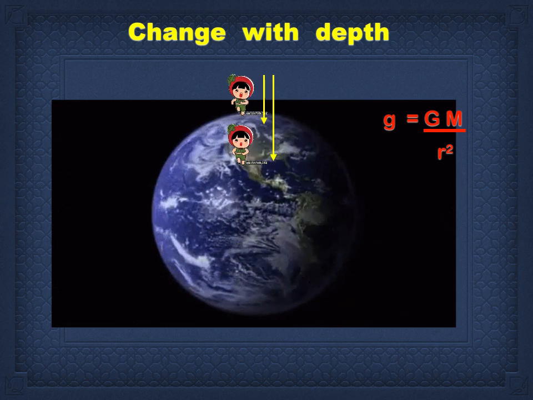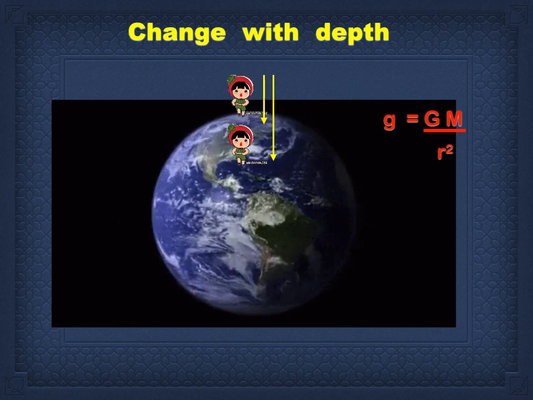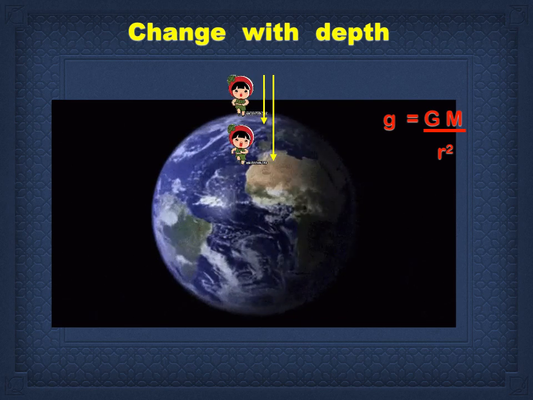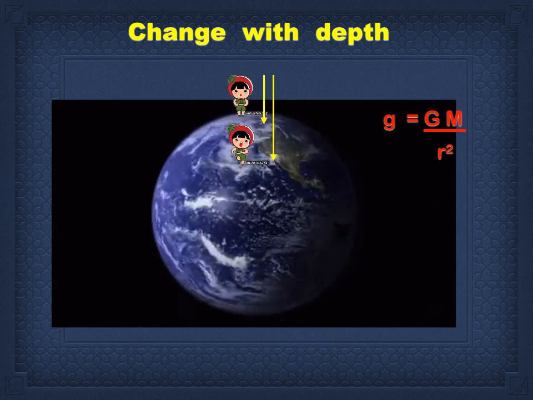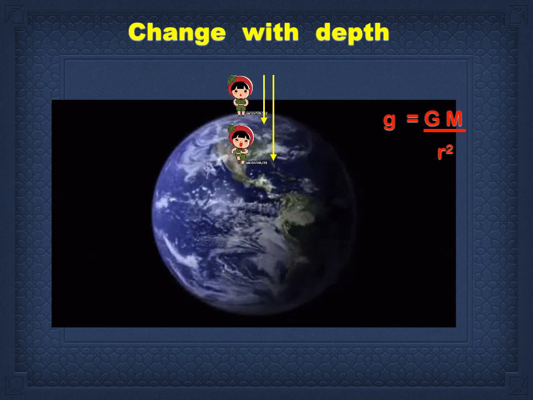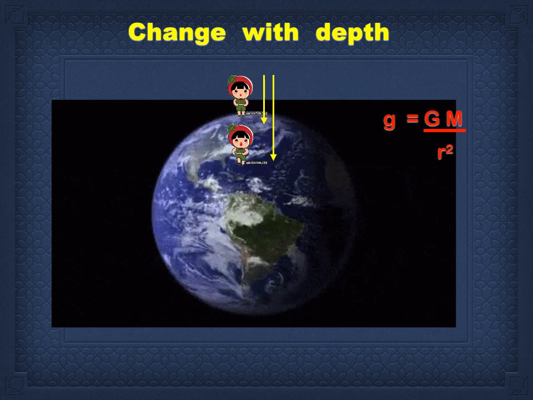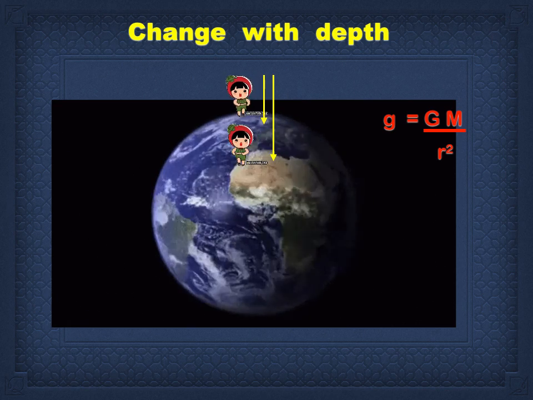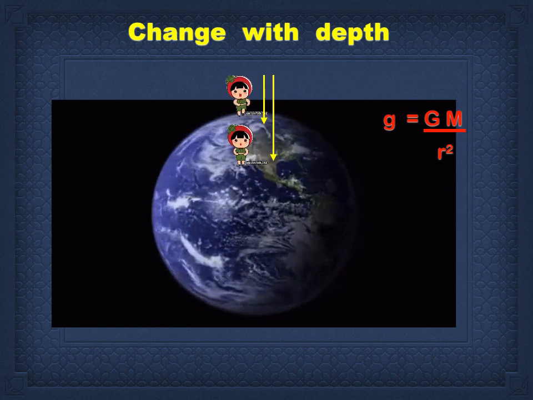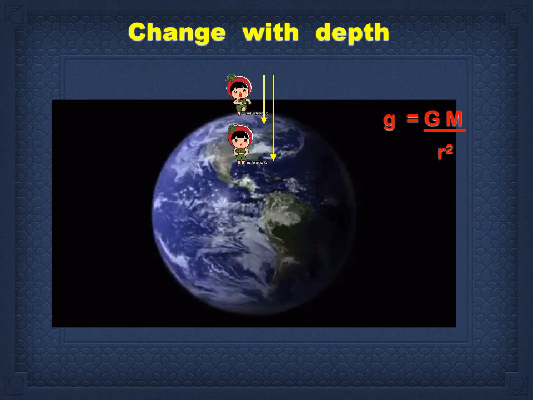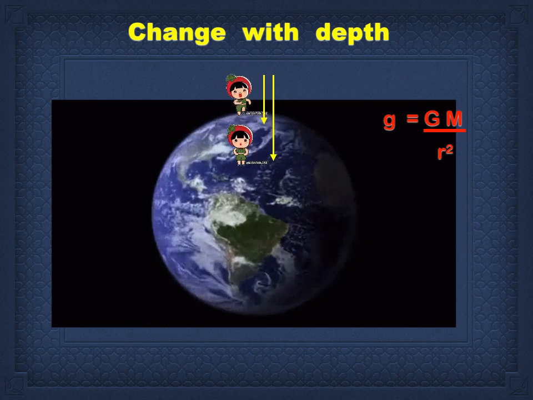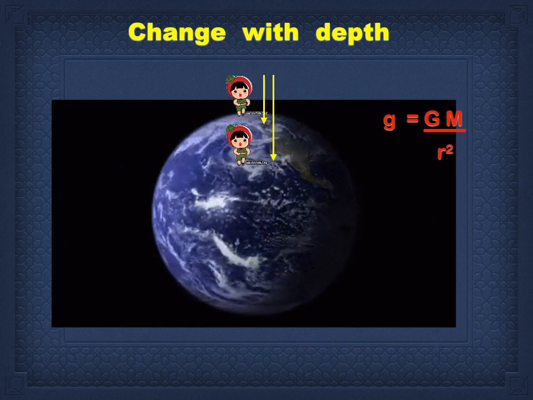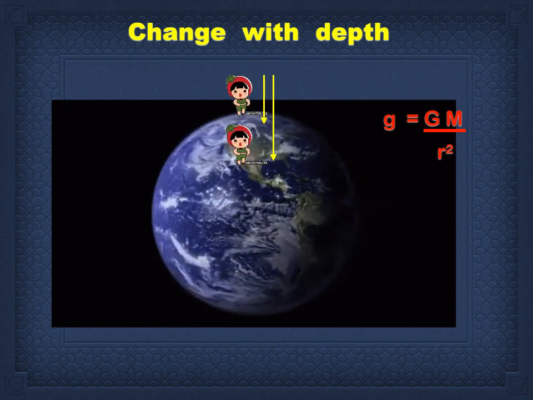So as per the formula, one would think that the value of G should increase because it is inversely proportional to r. However, the part of the earth which contributes towards the gravitational force felt by any object also decreases, which means that the value of capital M also decreases.